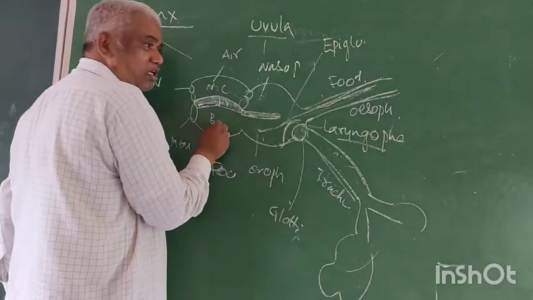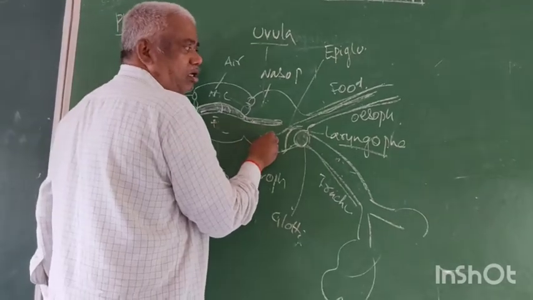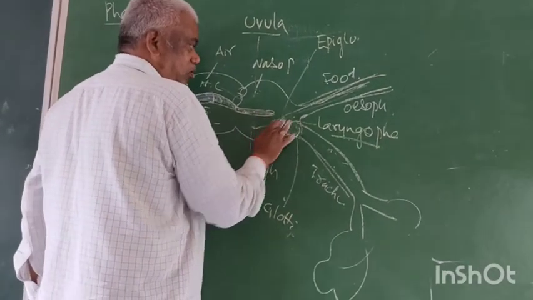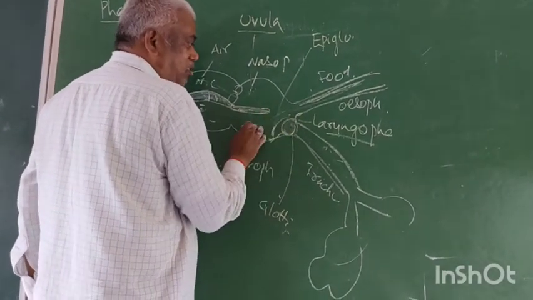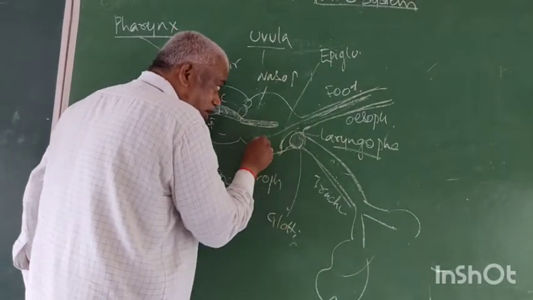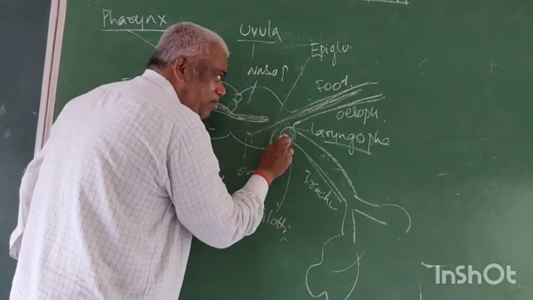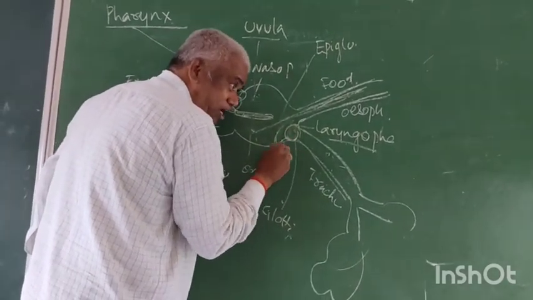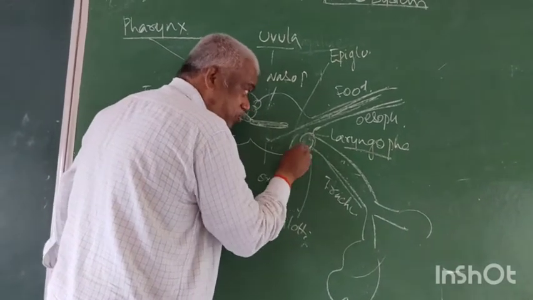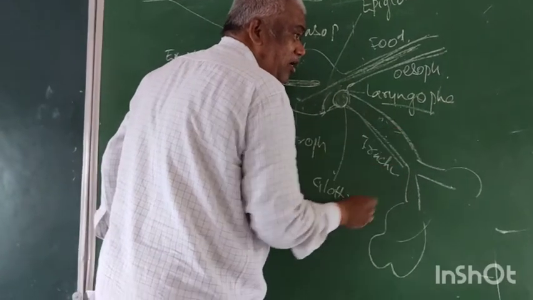The food is present in the buccal cavity, after that the oropharynx, then the esophagus. When it is passing to the esophagus, there is some possibility, because the trachea is open, that the food may enter the trachea.